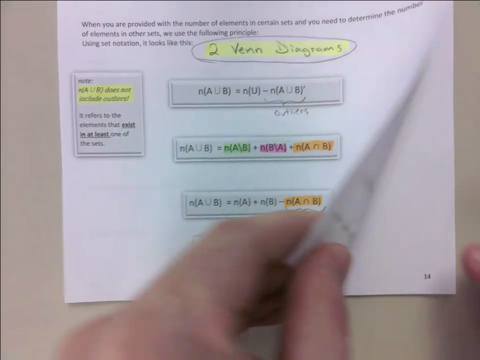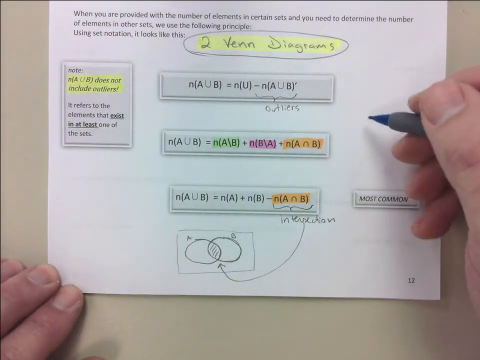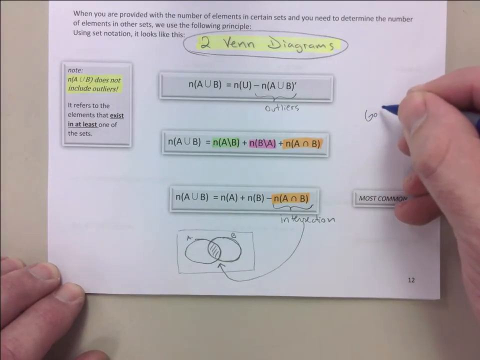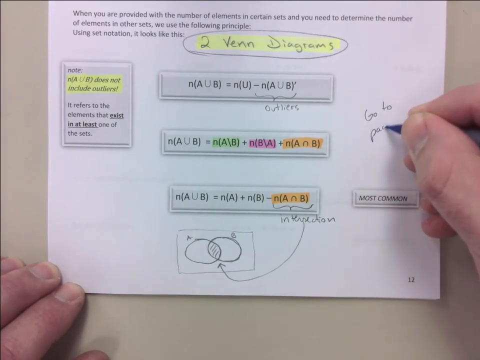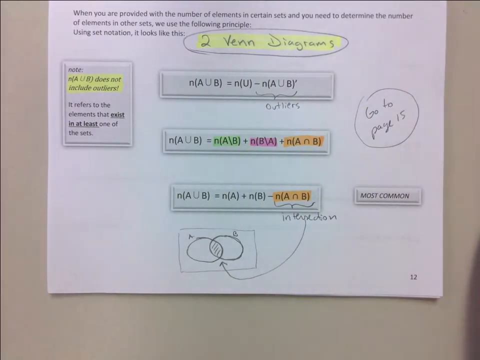Let's go to 13. Actually, I'm going to skip 13, 14. We're going to go straight to 15. Back to 12 for a little bit until we get the formulas. Write on 12, go to page 15, so you're not wondering what happened to those pages that we skipped.